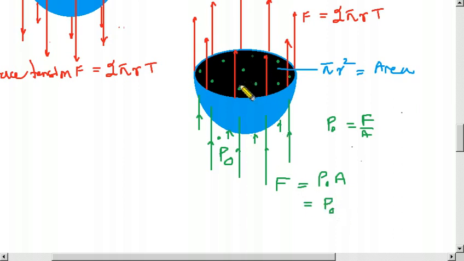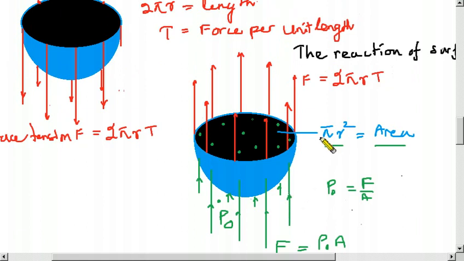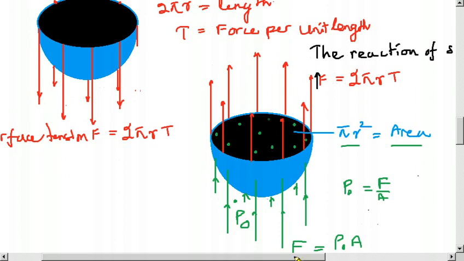We have to take this black color area, pi r squared. So the direction of that force is upwards according to this diagram. So this force also upwards, because that is the reaction getting from the perimeter of the hole, brim of the hole.